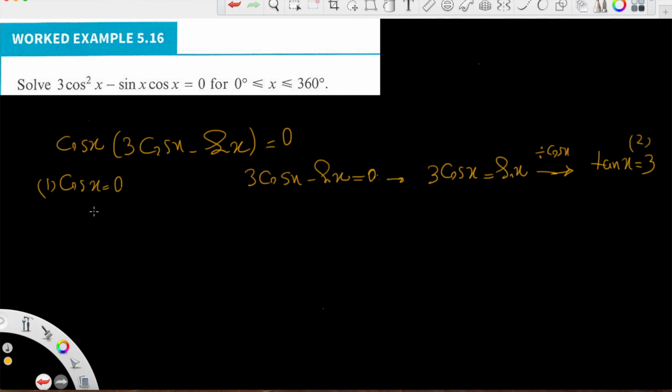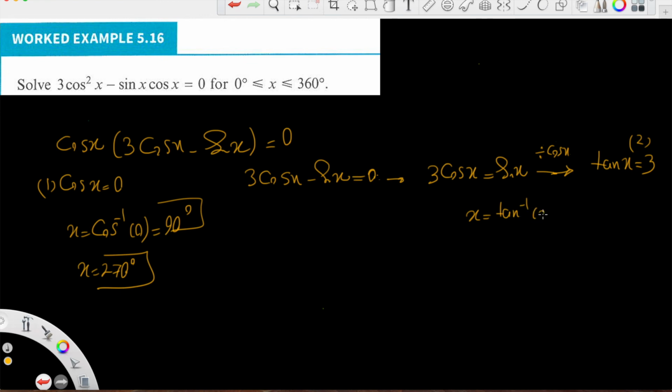In order to solve the first equation, x will be cosine inverse of 0, which is 90 degrees. Then the other answer, after solving this basic equation, will be 270. So these are the two answers. To solve the other equation, x will be tan inverse of 3, which is equal to 71.6.